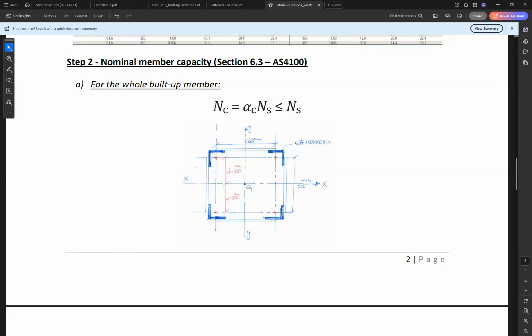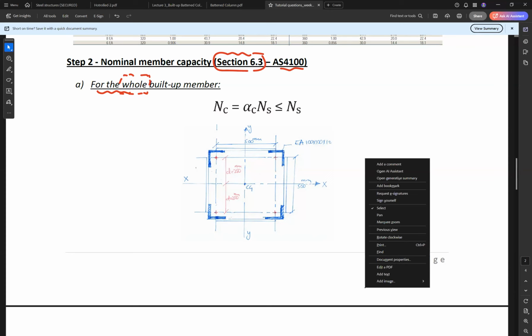So for the nominal member capacity, according to section 3 of the standard 4100, the member capacity for the member as a whole is Nc equal to alpha c times Ns, and should be no more than Ns.